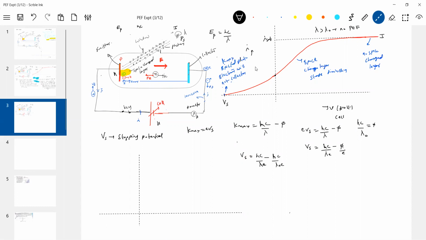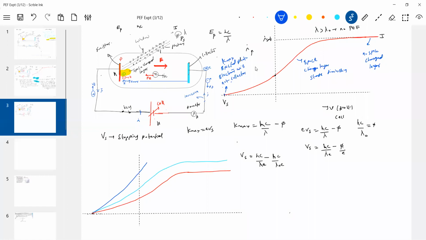So first a red color one. Now you can ask why, at increased intensity, the stopping potential will not change here.